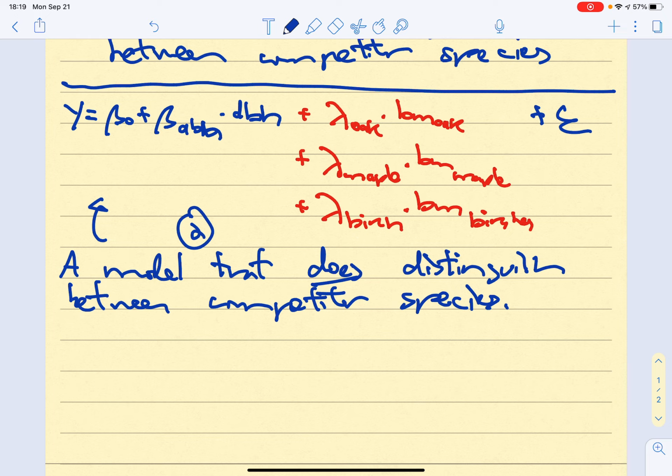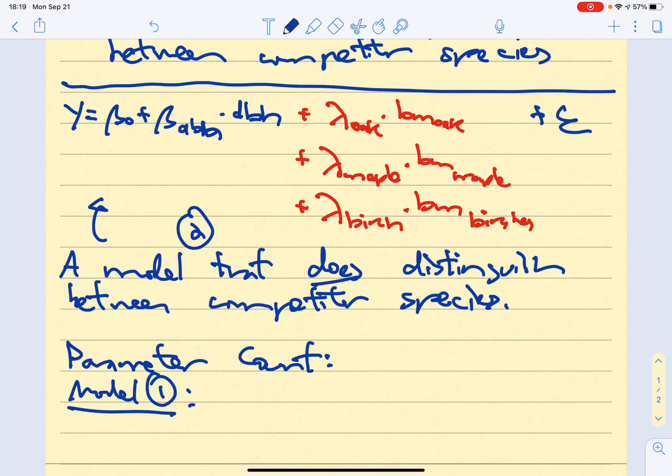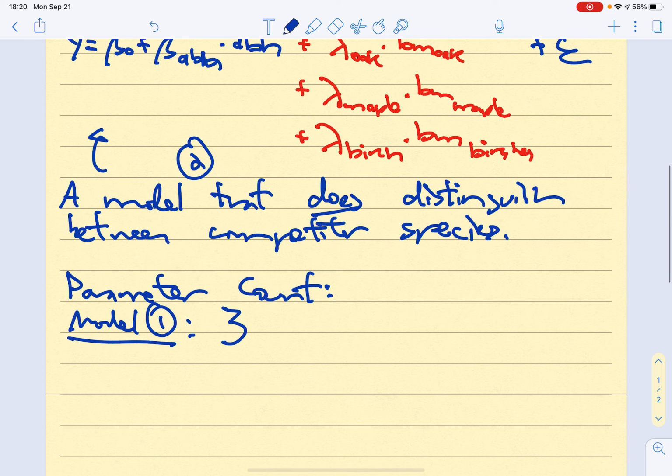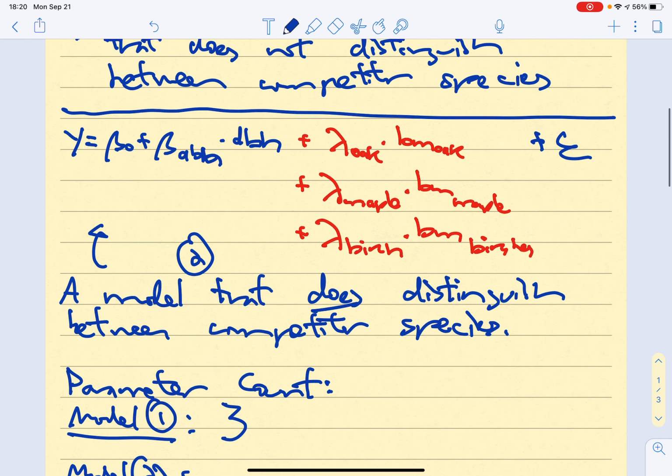All right, let's now do a parameter count. Model 1: how many parameters are in model 1? 1, 2, 3. We have 3 parameters: the intercept, the slope for dBH, and the slope for biomass of all species put together. Next, model 2. How many parameters do we have? 1, 2, 3, 4, 5.